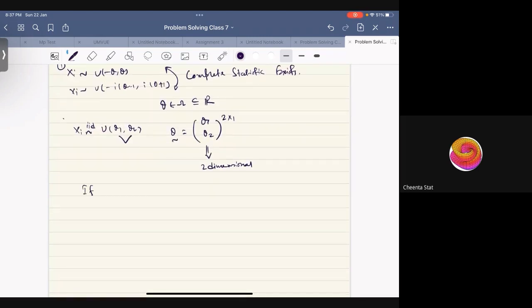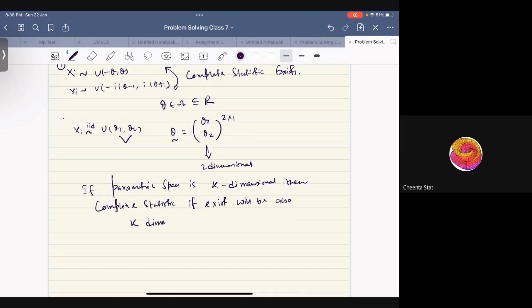If the parametric space is k-dimensional, then a complete statistic, if it exists, will also be k-dimensional.